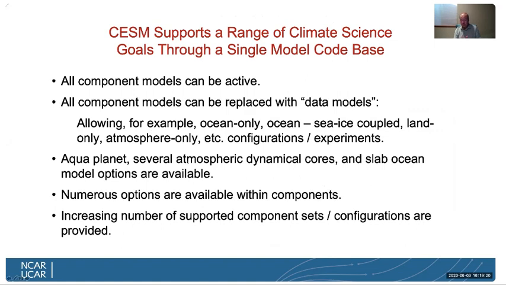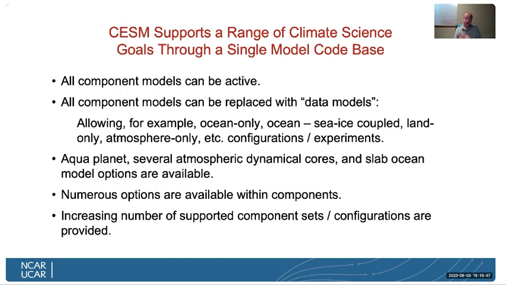We have several so-called simplified model configurations, such as aquaplanet. In the atmosphere, we have the SE dycore, that's a spectral element, finite volume dynamical core. You can still use the spectral dynamical core with spectral truncation, and we are putting in the MPAS dynamical core, the Model for Prediction Across Scales.